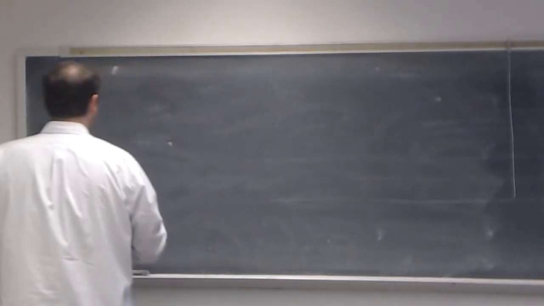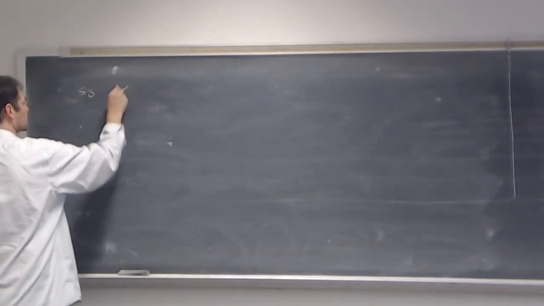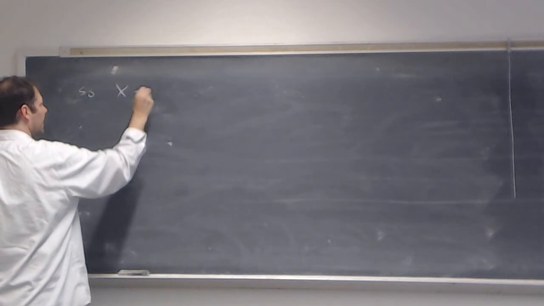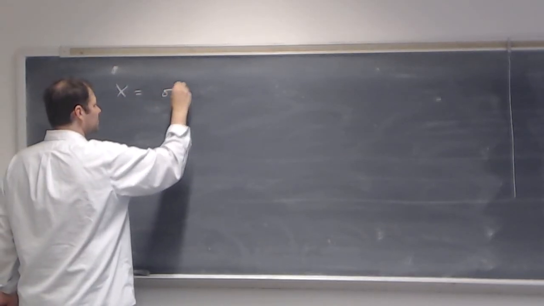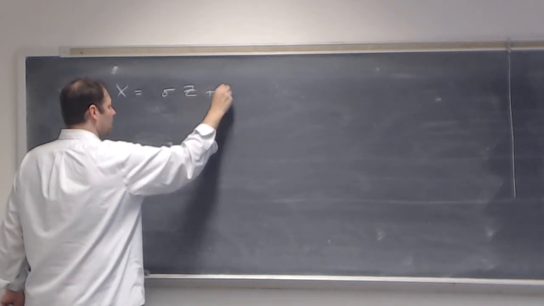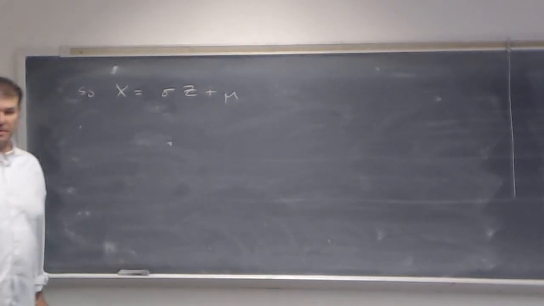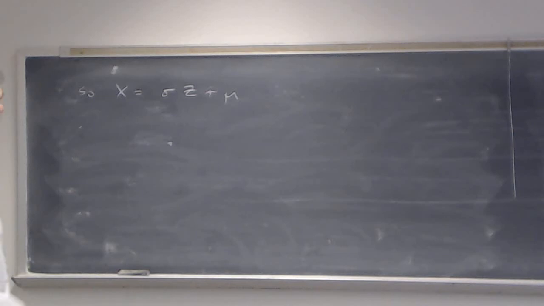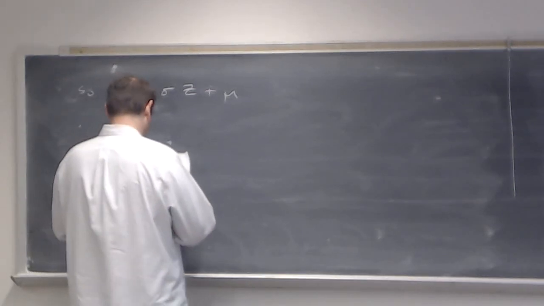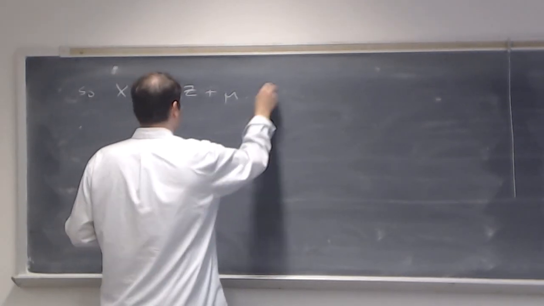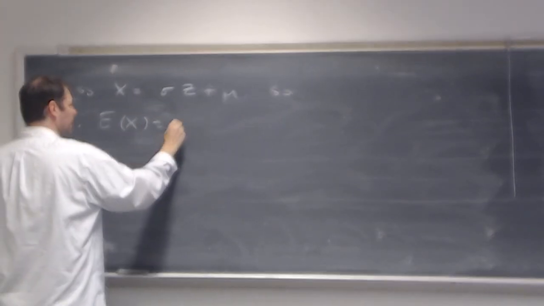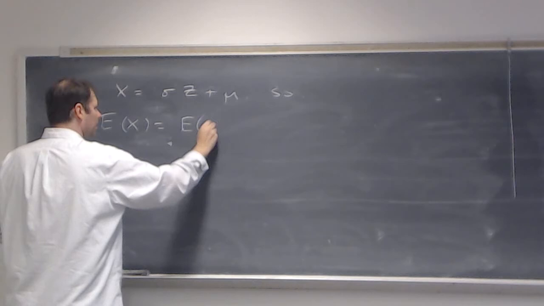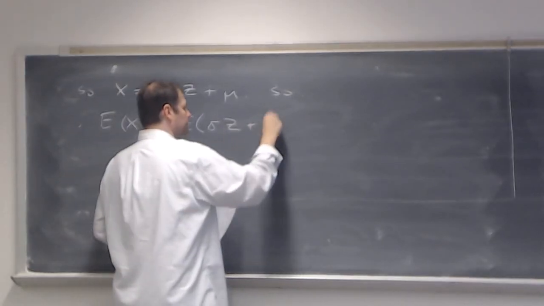Okay, so what does X look like? X can be rewritten as sigma Z plus mu. That's by our previous fact. So the expected value of X in general is equal to the expected value of sigma Z plus mu.